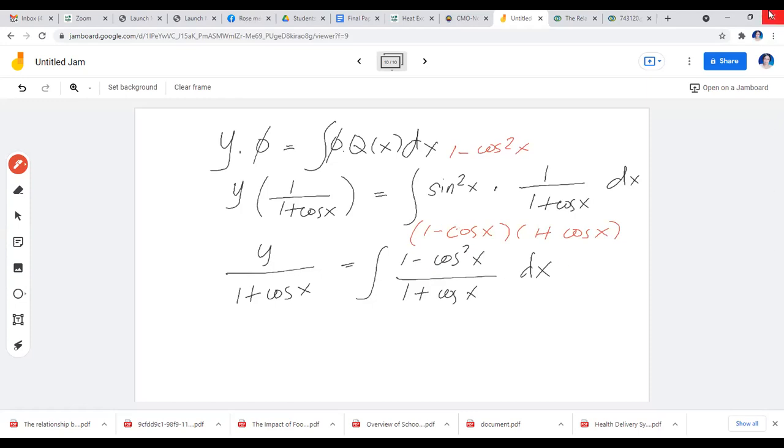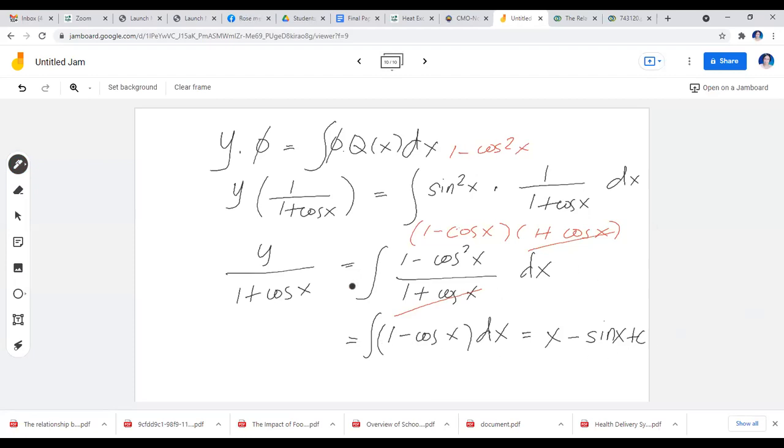So in the process, you get to cancel the 1 plus cosine of x here in the denominator and this one, leaving you with an integral which is 1 minus cosine of x dx, which is actually x minus sine of x, of course, plus c. The integral of the cosine is the positive sign, so you carry the negative sign in here.